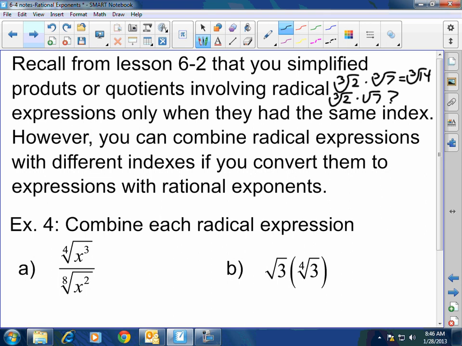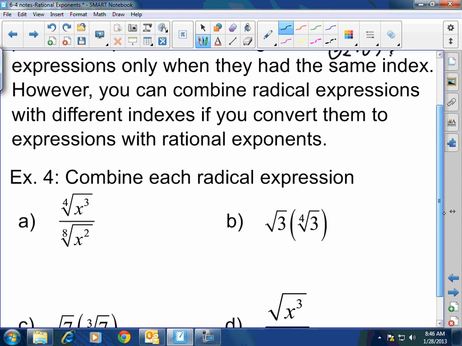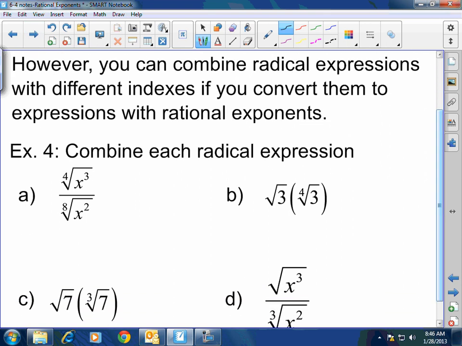So before, we learned that you can only multiply radicals when they have the same index. However, you can combine radical expressions with different indexes if you convert them to rational exponents. If you convert the same radicands in different radicals to the same radicands with different rational exponents, you can then use your properties of exponents and simplify.